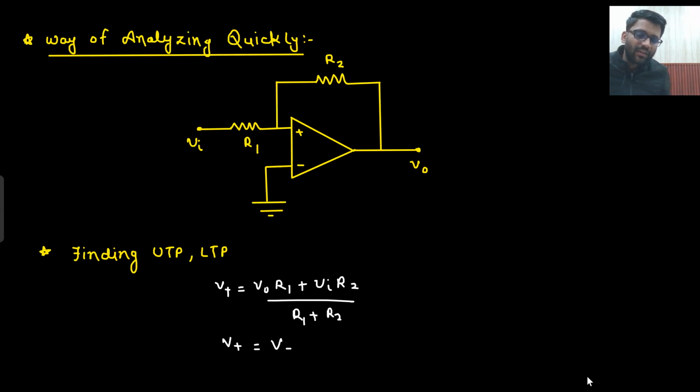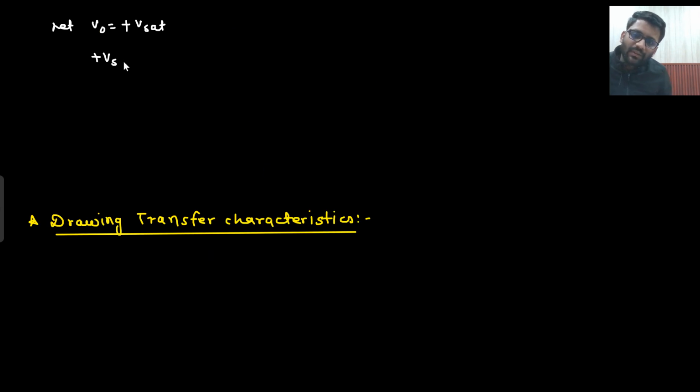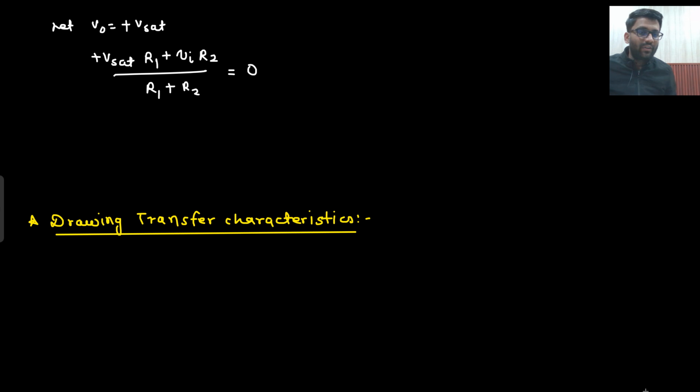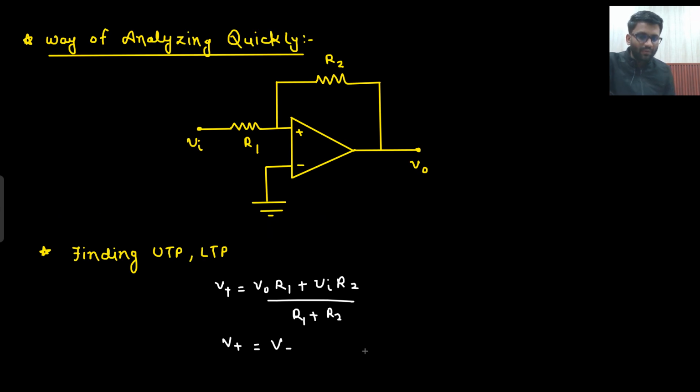Plus V sat into R1 plus Vin into R2 divided by R1 plus R2, and then I will equate it to V negative, whatever the potential is given at this particular point. I am not equating it to 0, I am equating it to V negative.